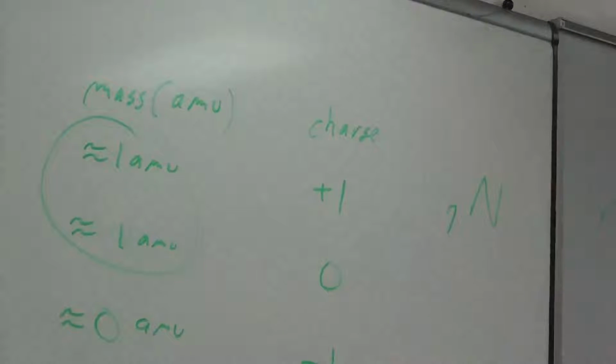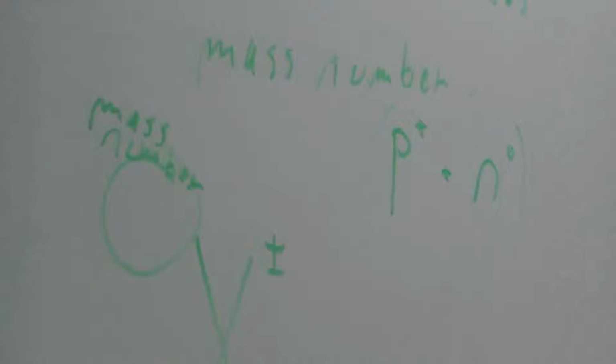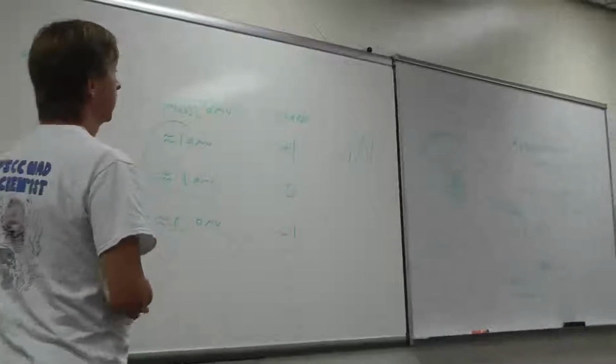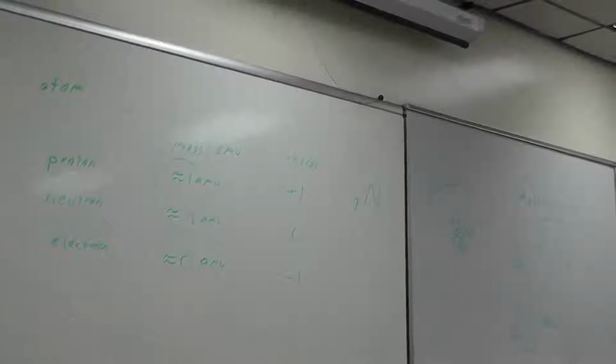Mass number is protons and neutrons combined. Because it's the protons and neutrons that contribute to your mass, right? Both of them contribute to mass, not the electrons though. So if you add up how many protons and neutrons there are, that tells you the mass number.